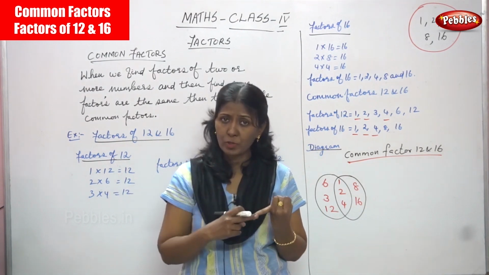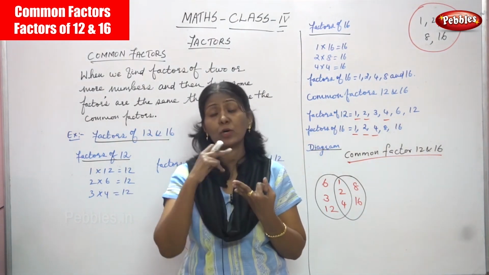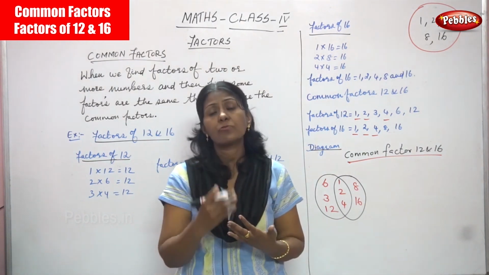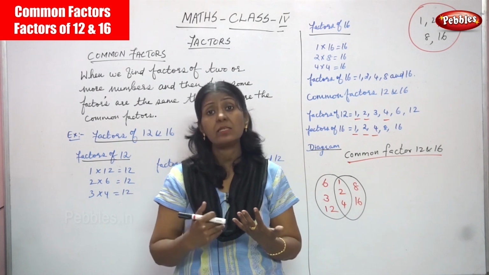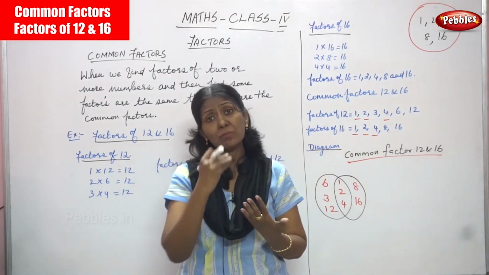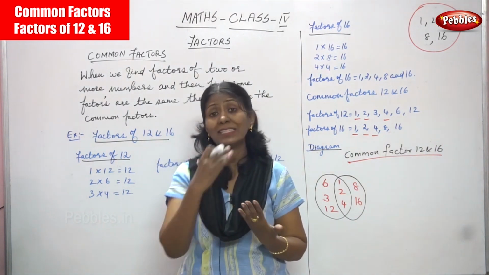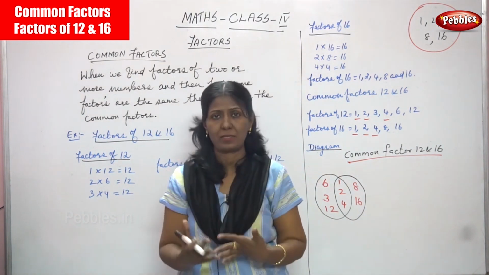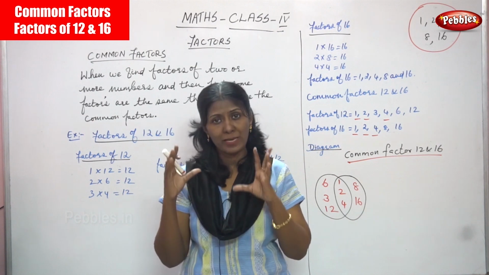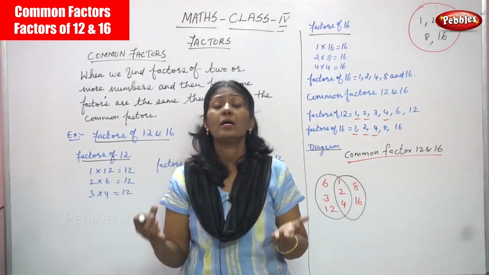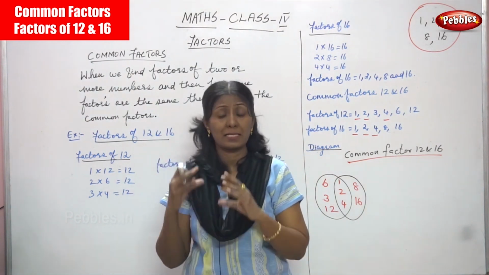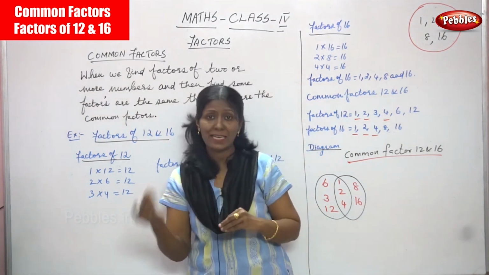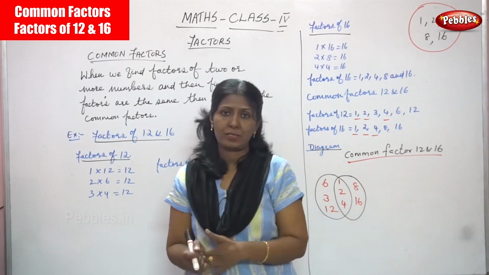So you have to find the factors of 12, of 16, and of 18. Some factors are similar or the same for all three numbers. That means for two or more numbers, these are called the common factors.